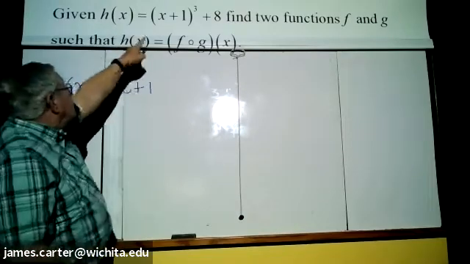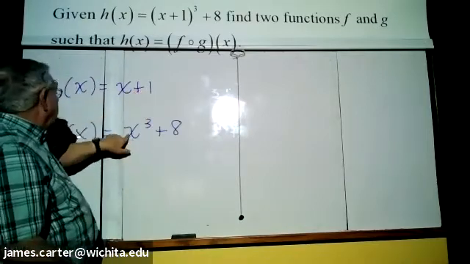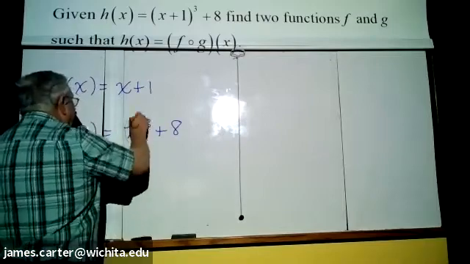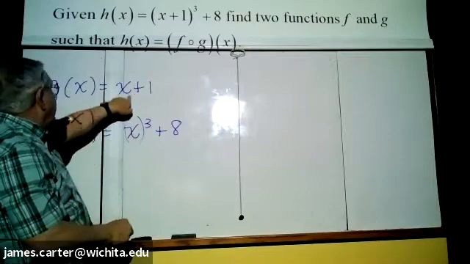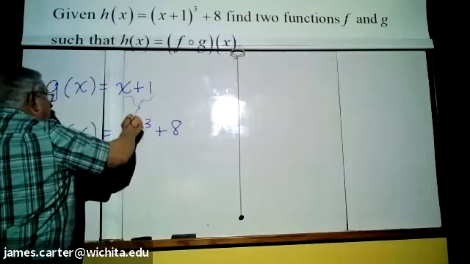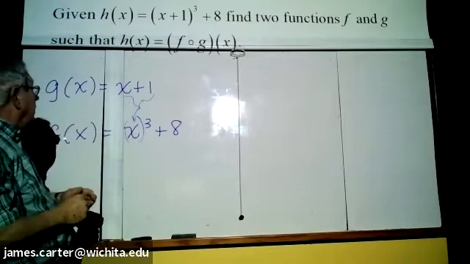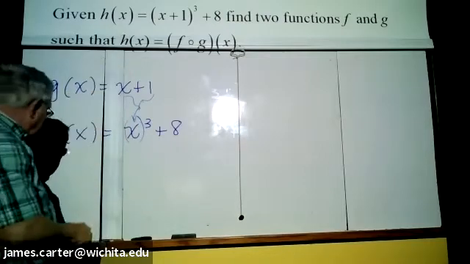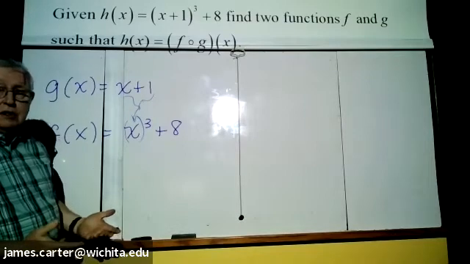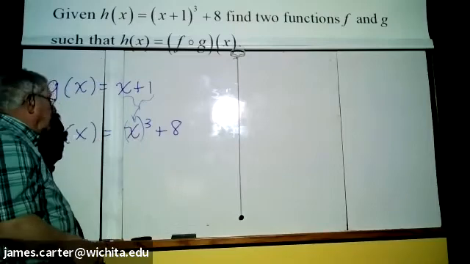Well, x plus 1 can be the g, the one that goes in, and x cubed, which we replace this into, would be the f. So in other words, this decomposition thing, yes, there are other more difficult answers that you could come up with, but work smarter, not harder for Carter.